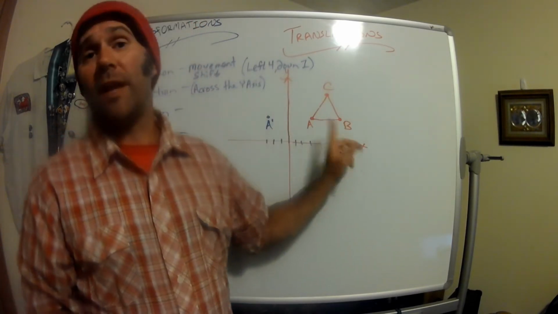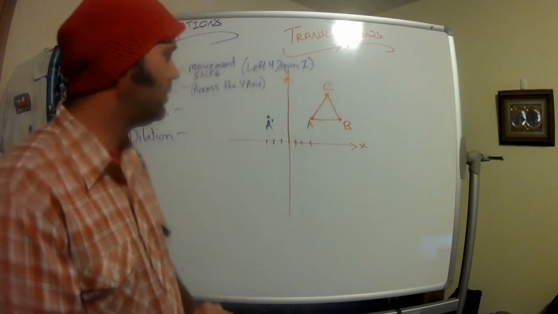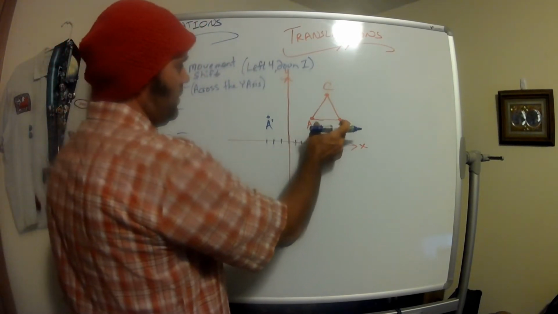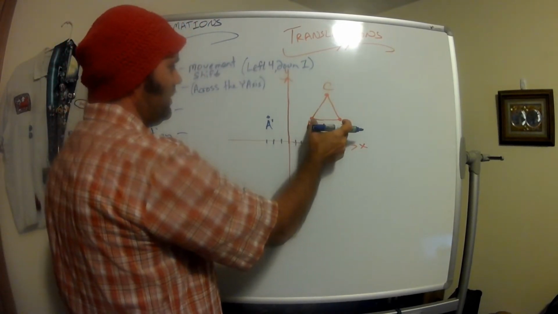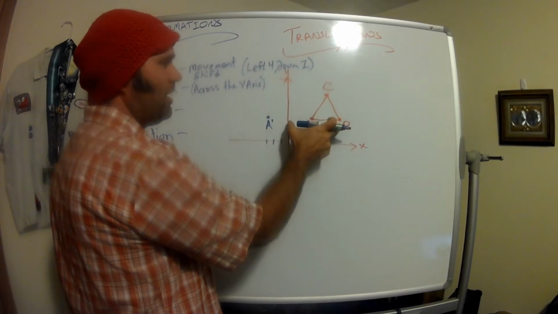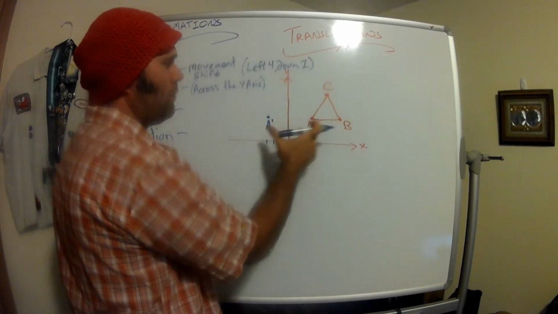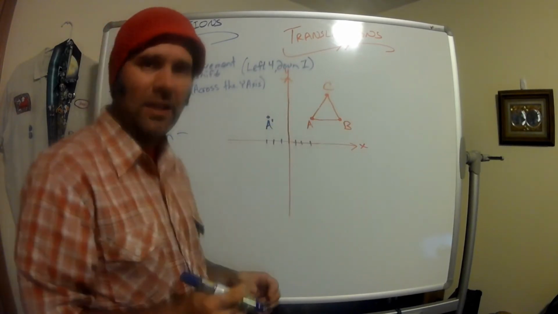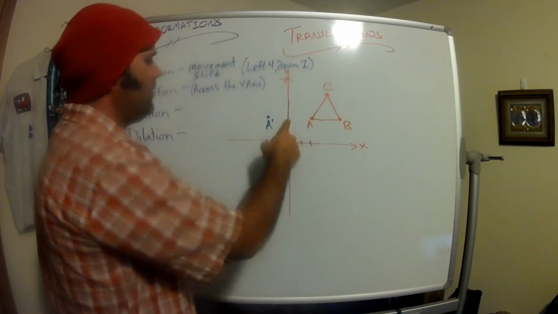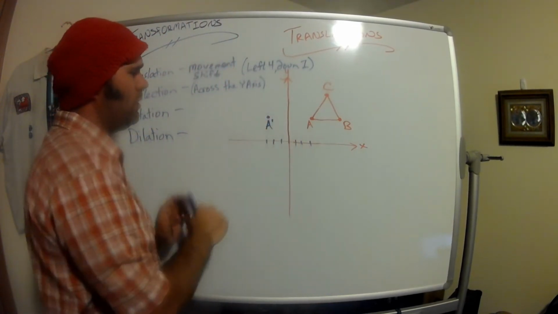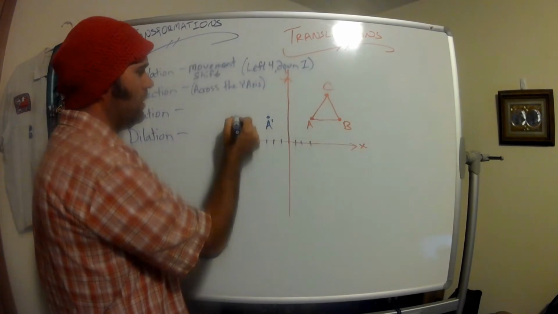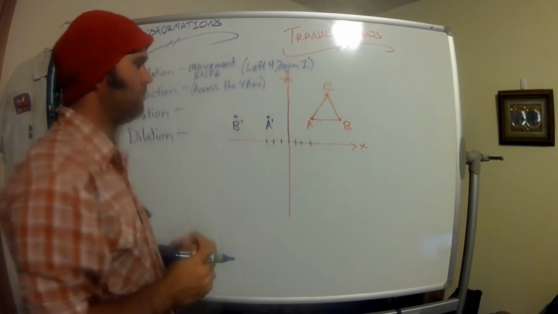Now we need to reflect B across the y-axis. And if it's 5 units here, then that means it's 8 units to get to the y-axis. So from B to the y-axis is 8 units. So we also need to go 8 units over. And so here's B prime.